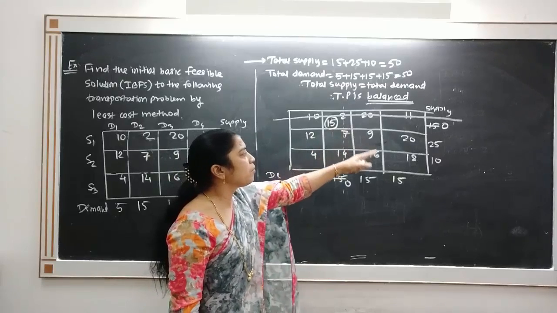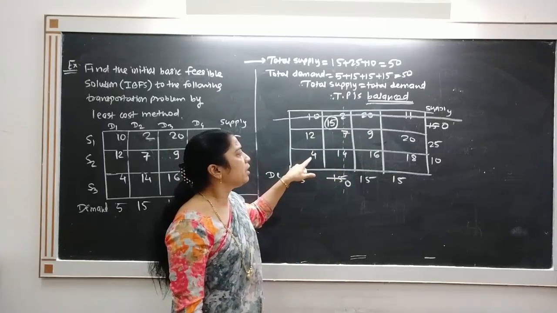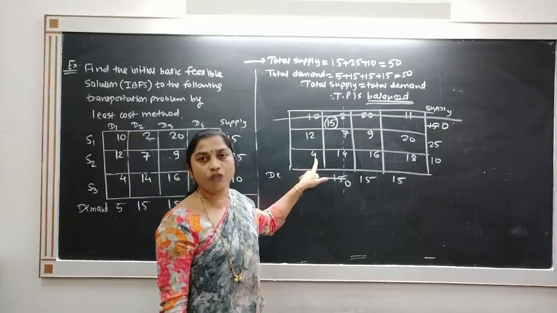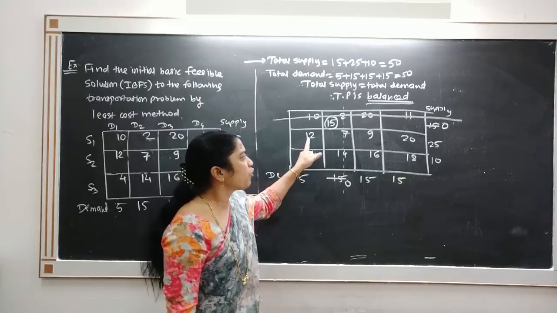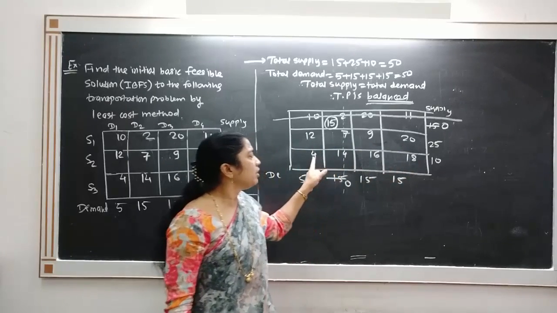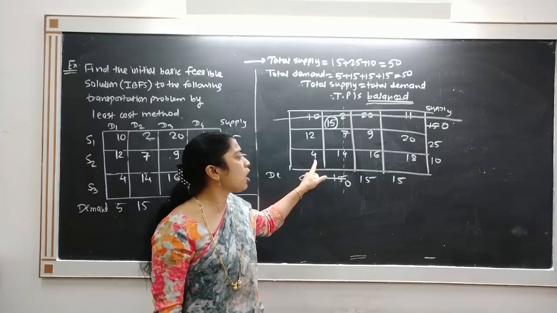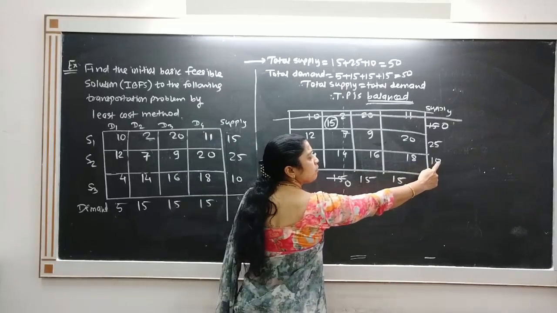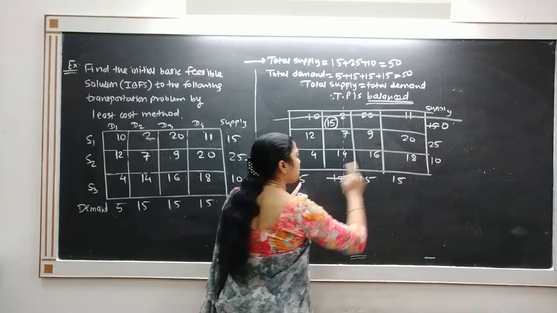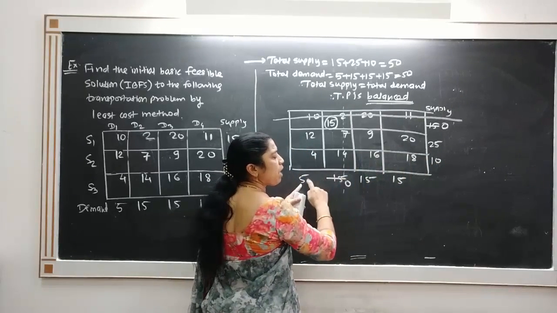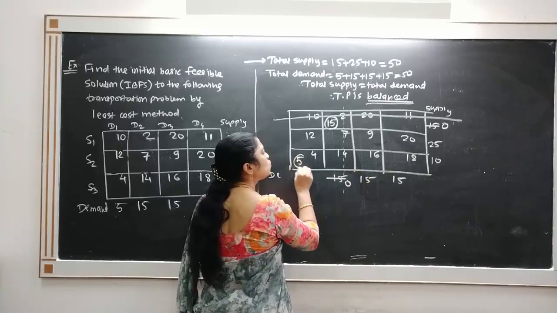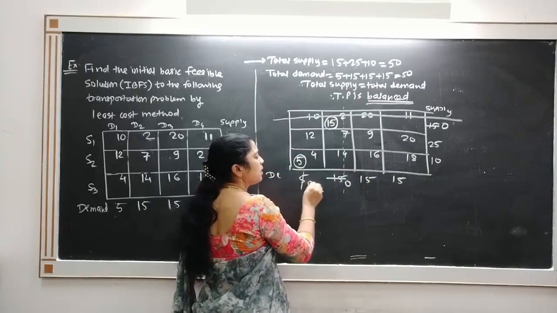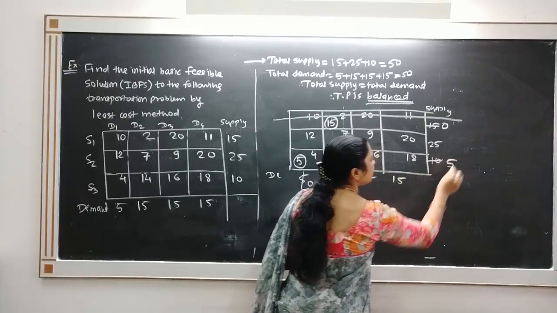From the remaining uncrossed elements, the next smallest cost is 4. So allocate as much as possible, that is the minimum of corresponding supply and demand, 5 and 10. Minimum is 5, so 5 is allocated, remains 0 and 5 here.